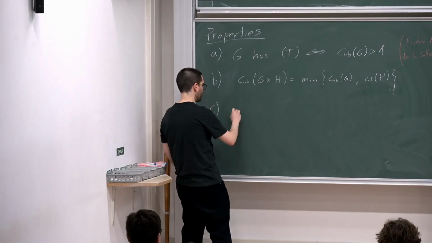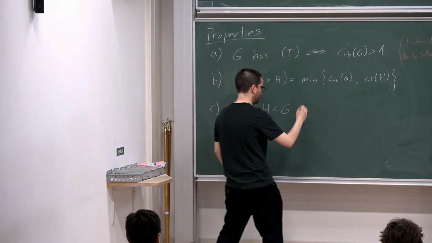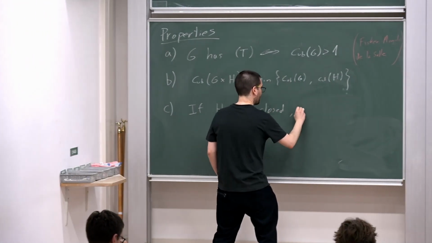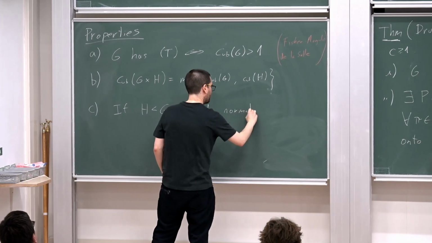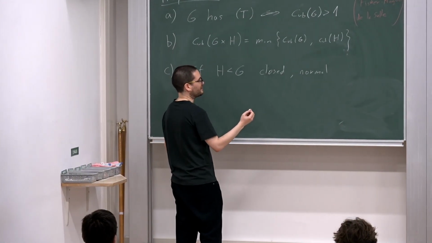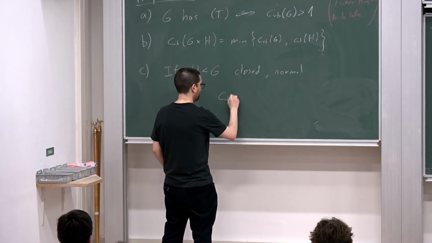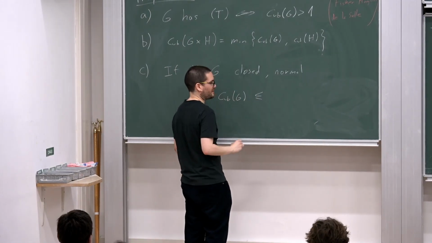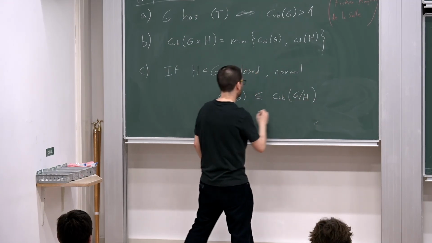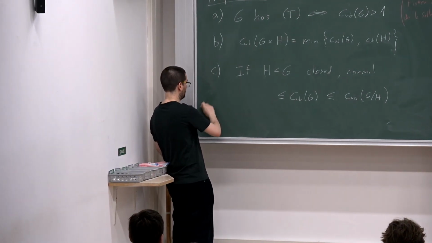If H is a closed normal subgroup, then the constant for G can be bounded above by the constant of the quotient and below by the minimum of those.